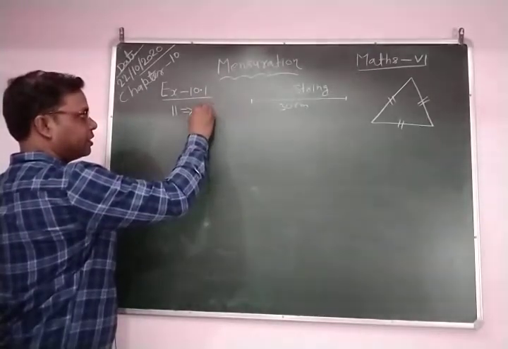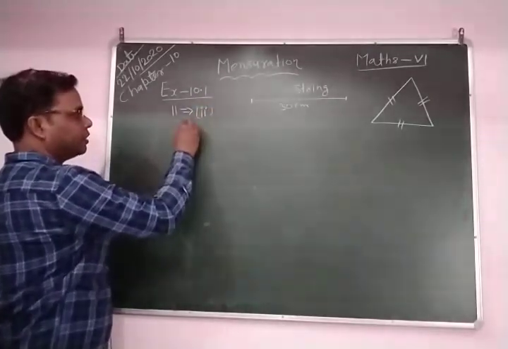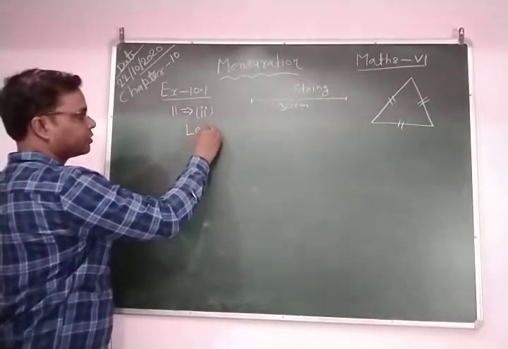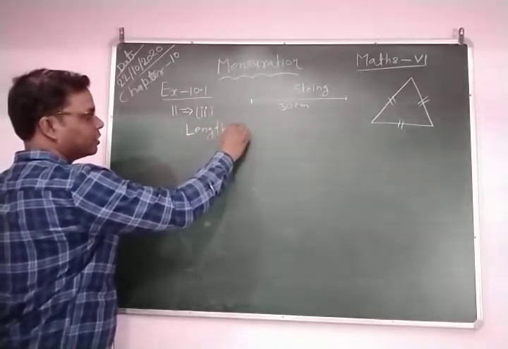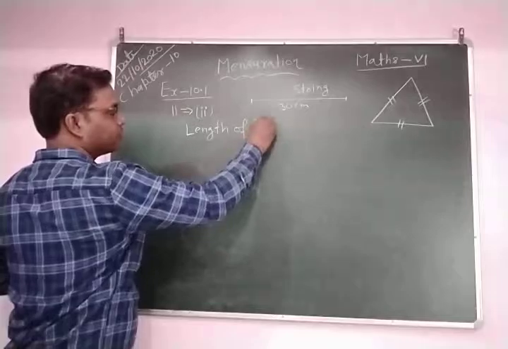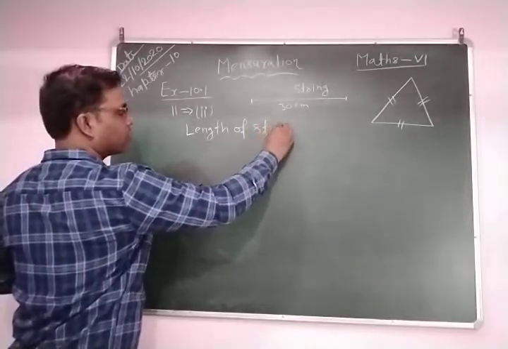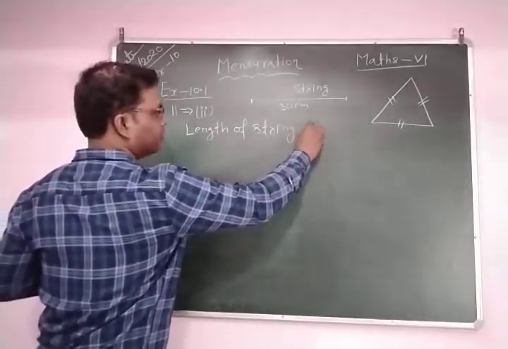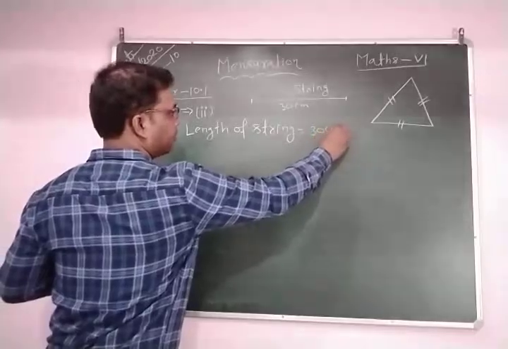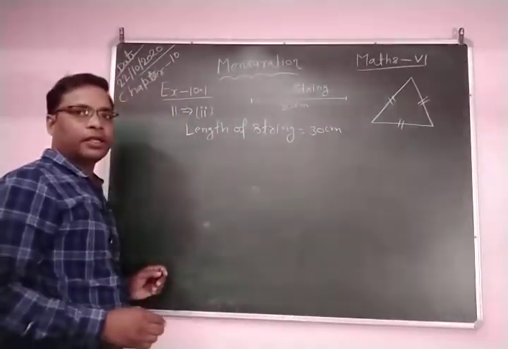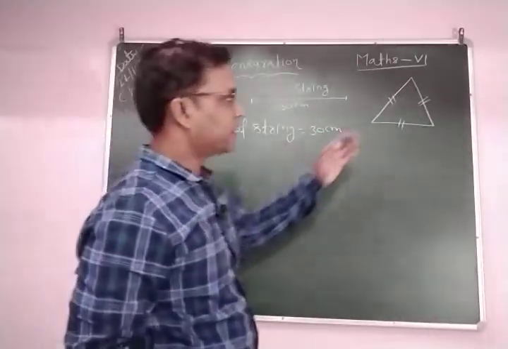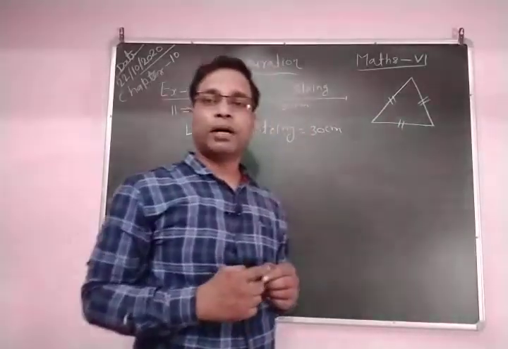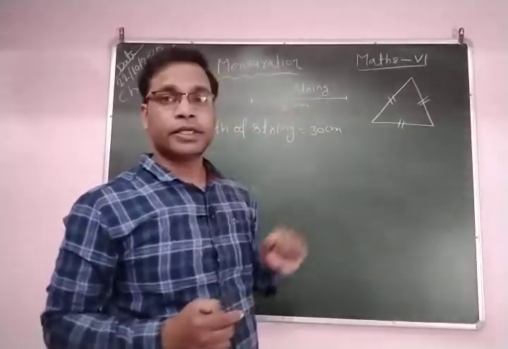So first, here is given the length of the string. This is the second part of question number 11. Length of string is equal to 30 centimeters. This is given. And this equilateral triangle is formed by this string.